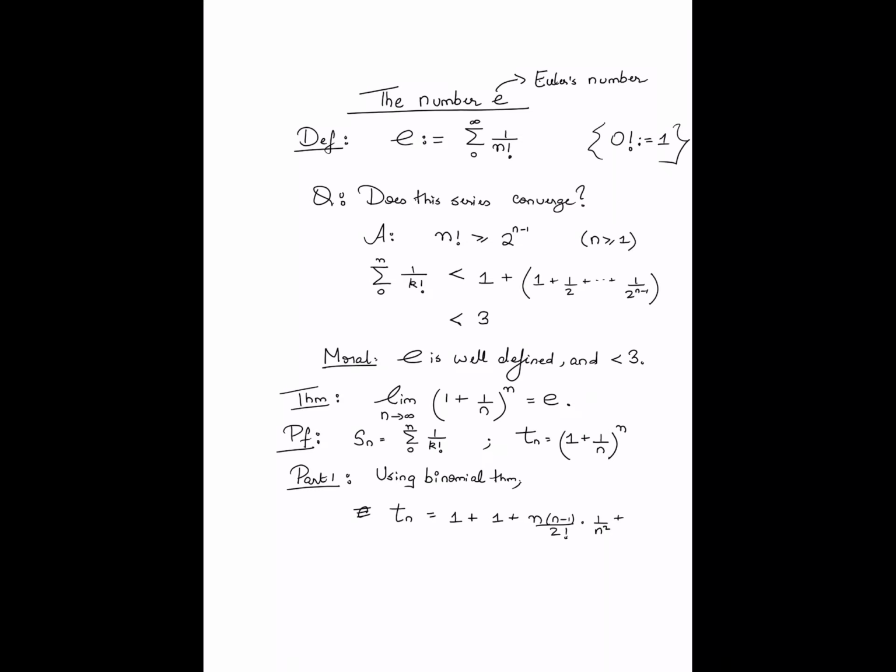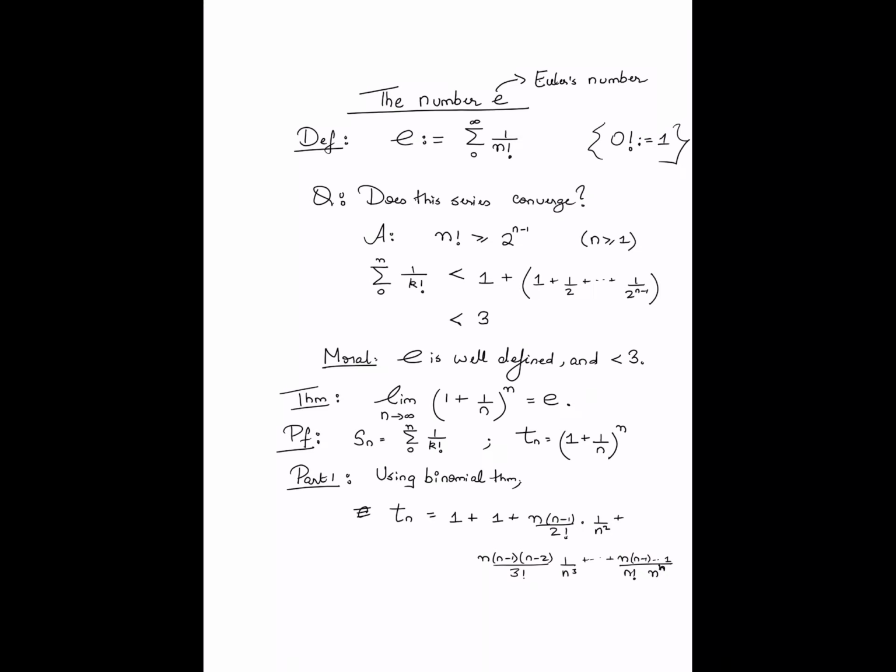Maybe I'll write one more term. So n times n minus 1 times n minus 2 by 3 factorial into 1 by n cube, all the way up to n choose n, which is 1, but I'm going to write it explicitly as follows: n into n minus 1 all the way up to 1 divided by n factorial into n raised to n. Okay, so this is just the binomial expansion of T_n.